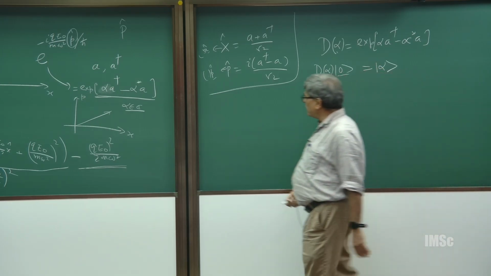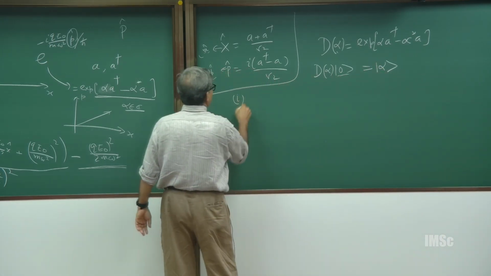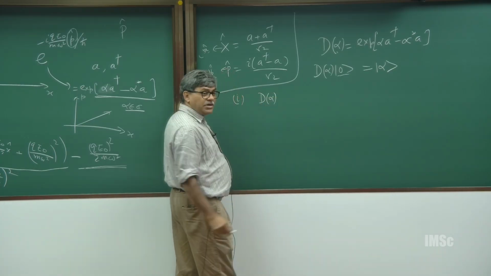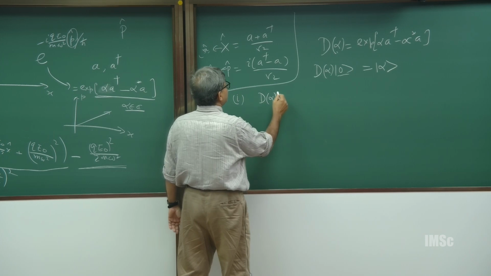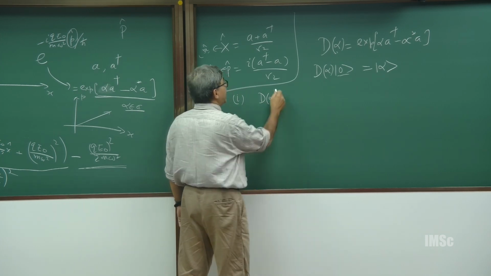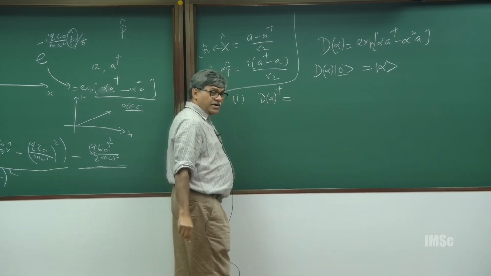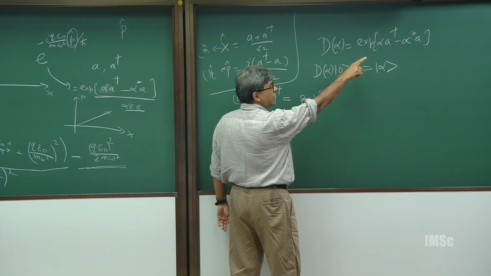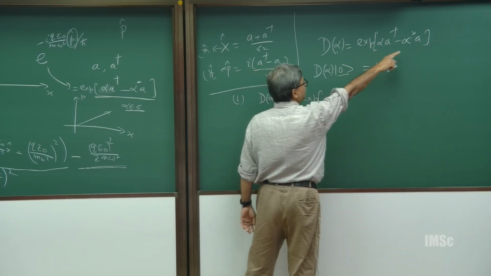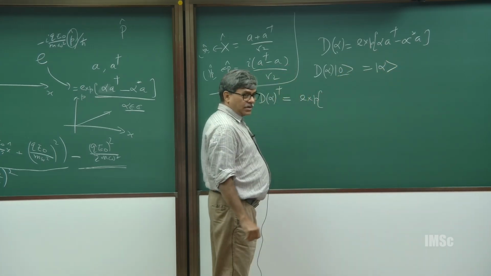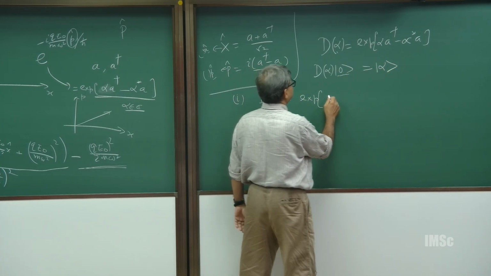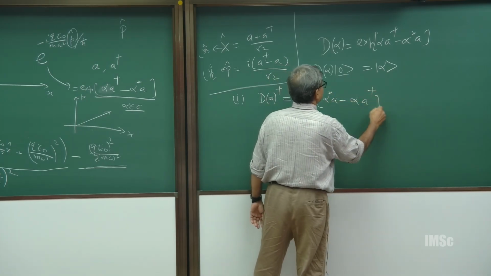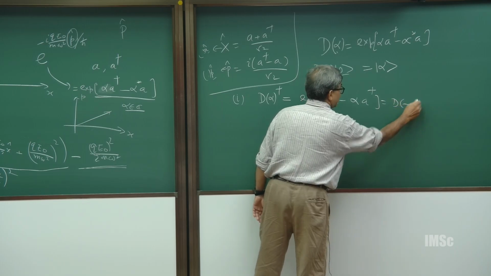And you know that there are certain properties that it satisfies. One is that D of alpha is unitary. So, D dagger of this, what is this dagger? This is exponential of alpha star A minus alpha A dagger, right?